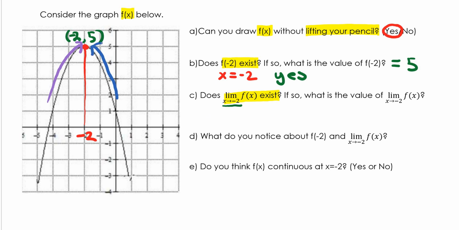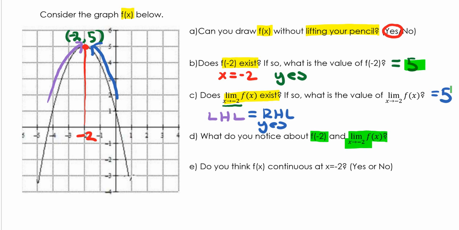Therefore, I can definitely say here that the left-hand limit equals the right-hand limit, and therefore, yes, the limit does exist. And the value of the limit is 5. Okay, for part D now, what do you notice about f of -2 and the limit as x approaches -2?